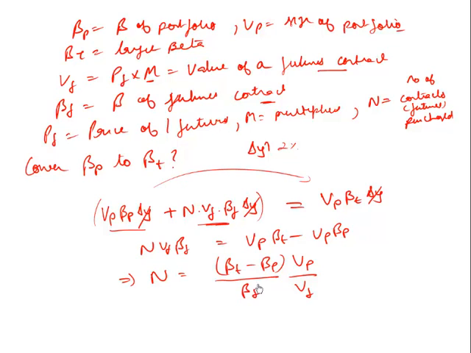Now many times you will be asked to calculate the zero volatility hedge or a perfect hedge. A zero volatility hedge implies that the value of our portfolio shouldn't change at all.